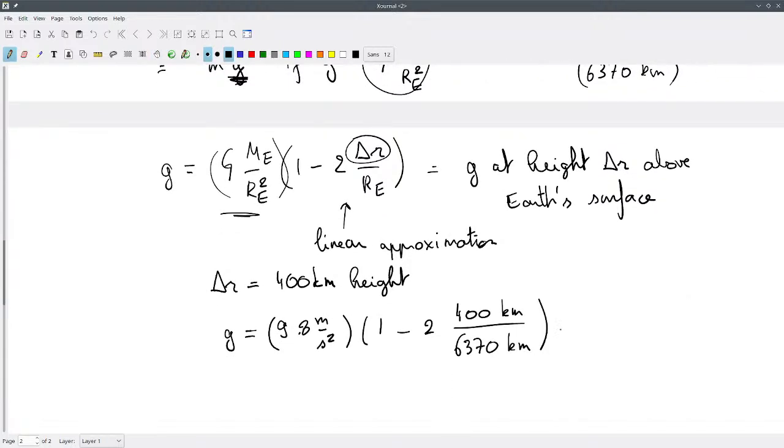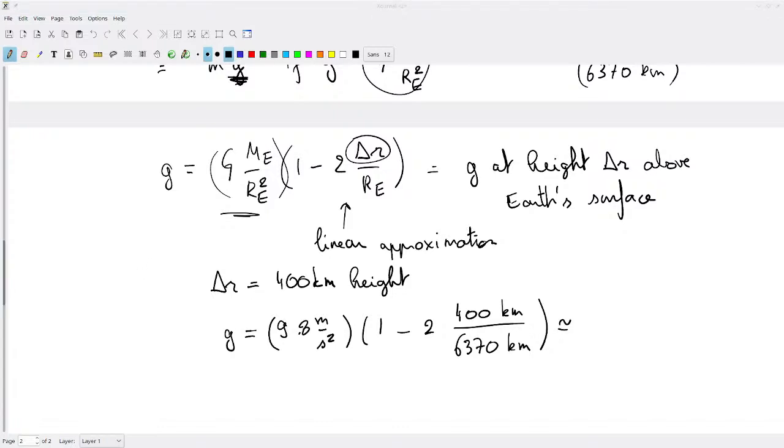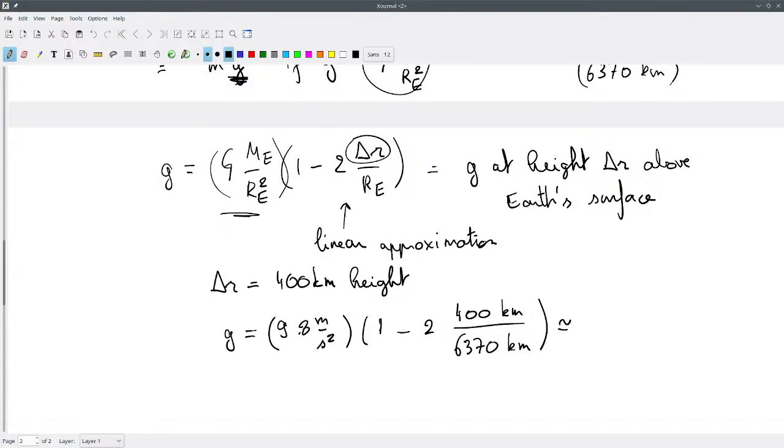And if you calculate that, it's going to be smaller because I take my factor 1 and I subtract a number that is less than 1. So you're going to find 8.6 meters per second squared. So g at a height of 400 kilometers is actually less than g at the surface of the Earth, at a height of delta r equal to 0, where this term just drops out entirely.